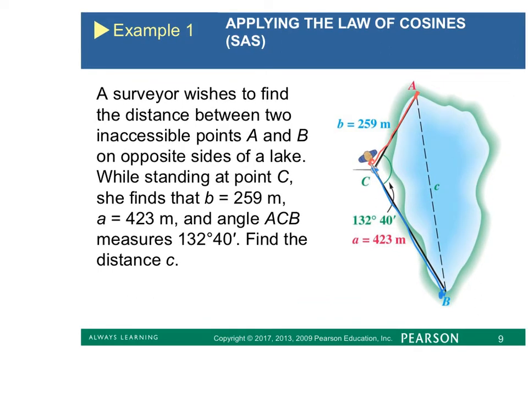I'm going to plug in my numbers, and I'm going to write it out first again. It was C squared equals A squared plus B squared minus 2AB cosine of C. C squared is what I don't know. A was equal to 423, so it's 423 squared.